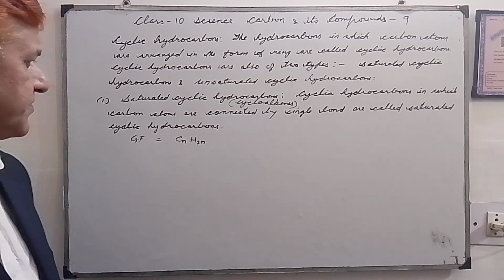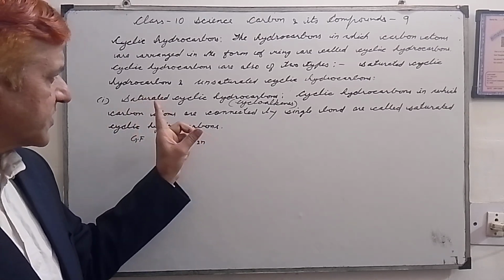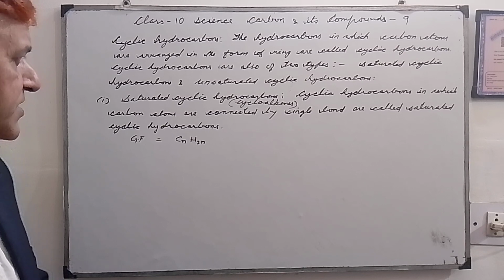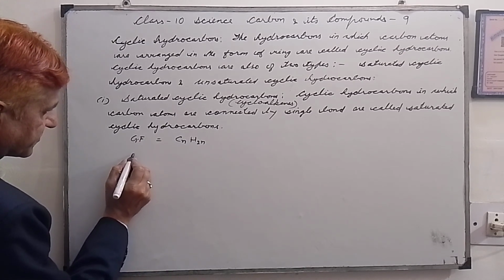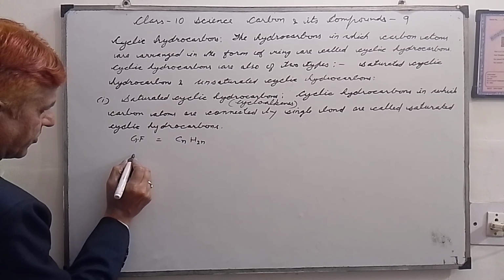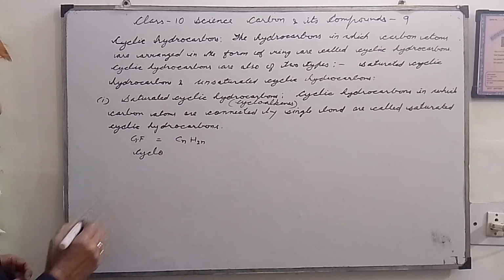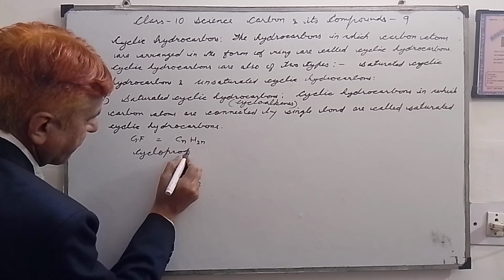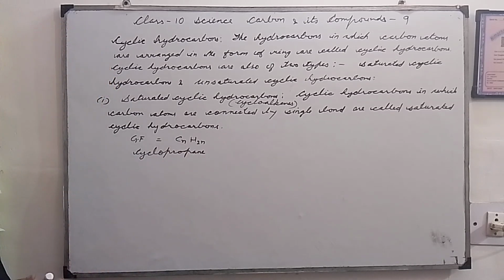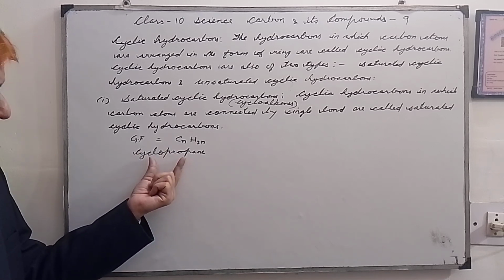My dear students, the first member of saturated cyclic hydrocarbons or cycloalkanes is cyclopropane, one word. So the simplest cycloalkane is cyclopropane.